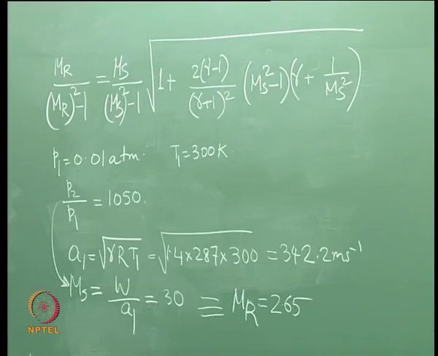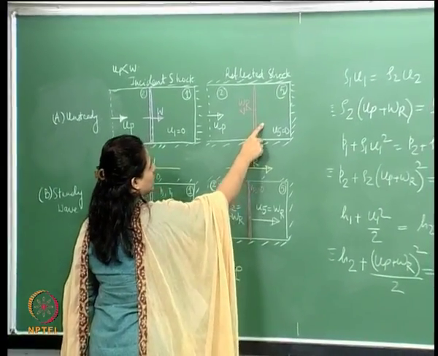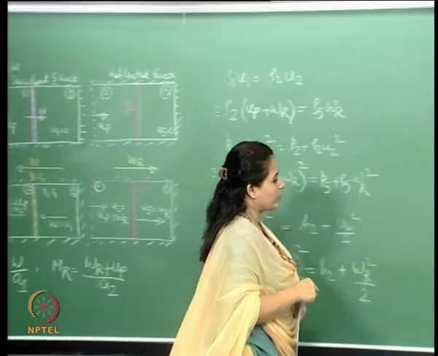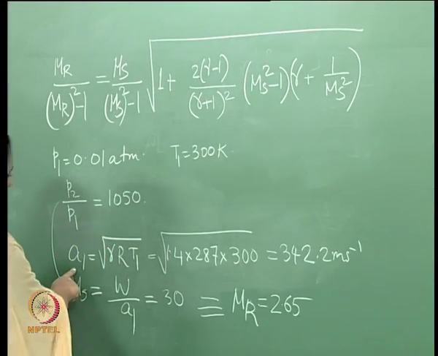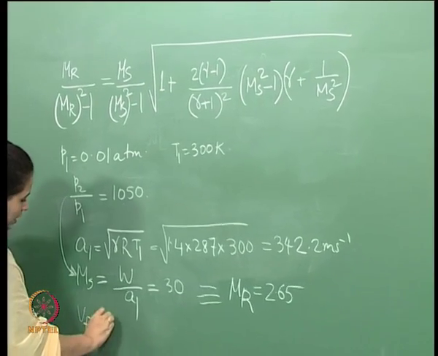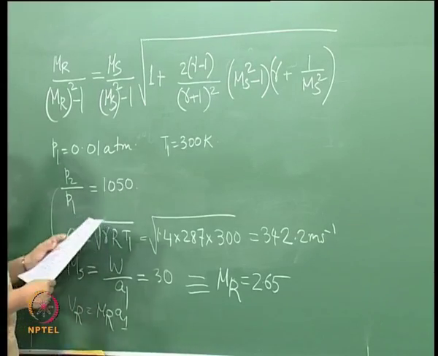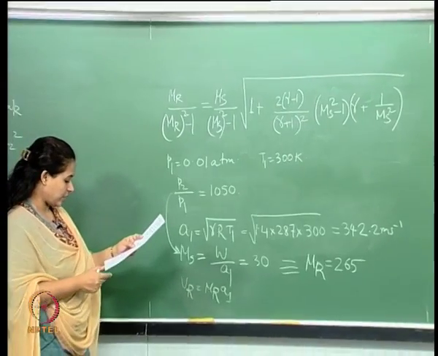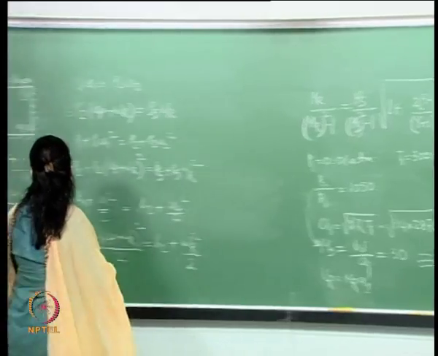If you look at this picture here, I know A1, yes, I know A1, so therefore I can calculate the velocity of the reflected shock as MR times A1.